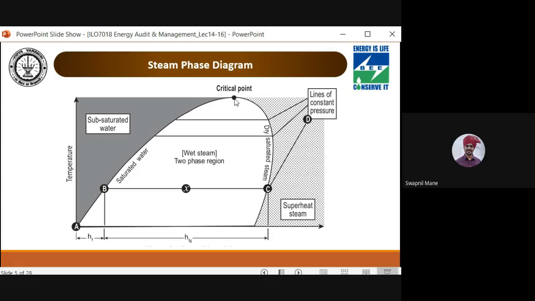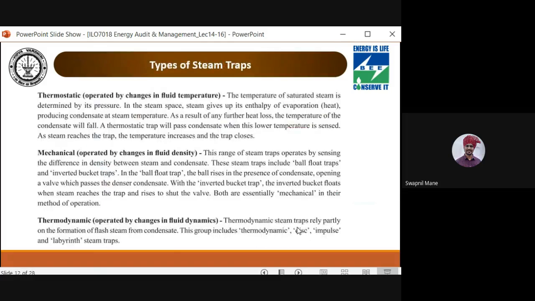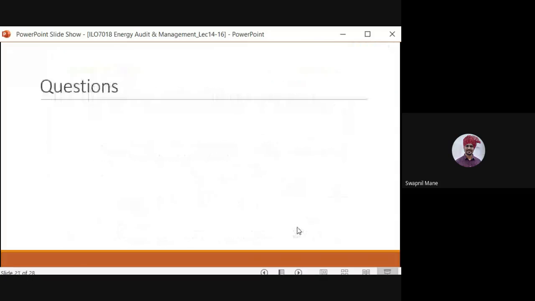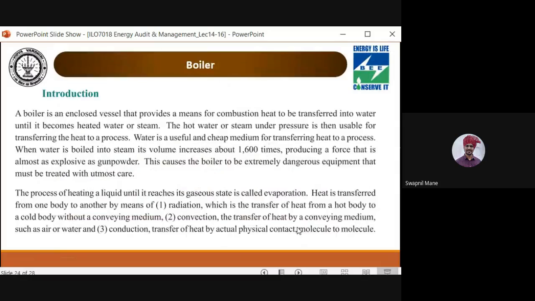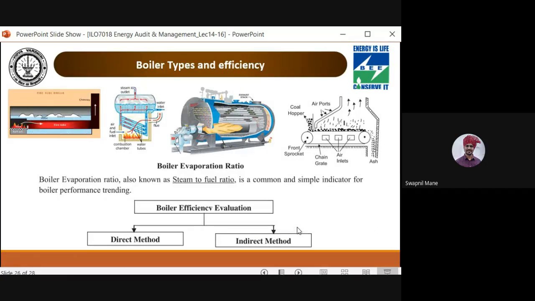Whereas the boilers which operate in this zone are called supercritical boilers. So subcritical, critical, and supercritical. This you have to understand. This is being covered in your lower semesters. We will not discuss more deeply into it, but this is the classification of boiler types, and efficiency we talk about.